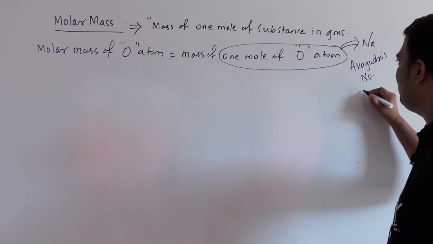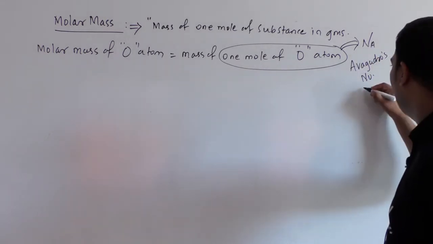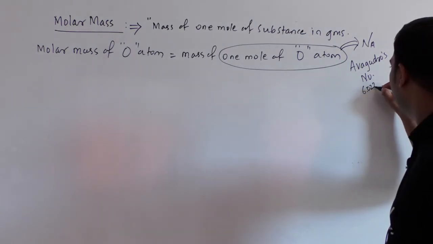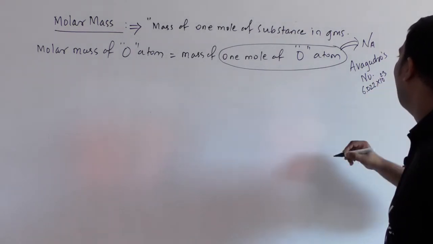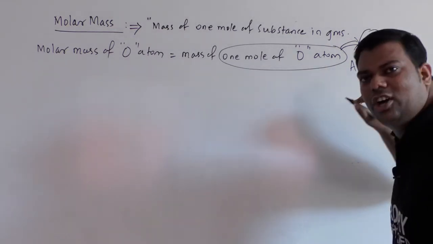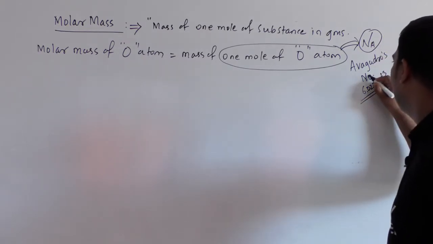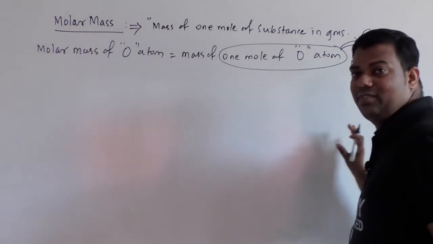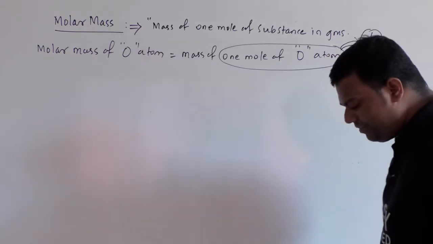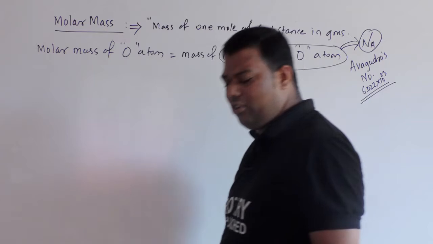And that Avogadro's number is what beta? 6.022 into 10 raised to 23. ठीक है? Simply आपण Na सुद्धा लिहितो in short, or we can write 6.022 into 10 raised to 23 species. ठीक है? Means we have this Na is what your Avogadro number.